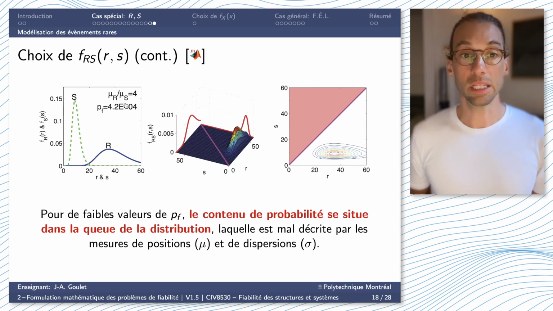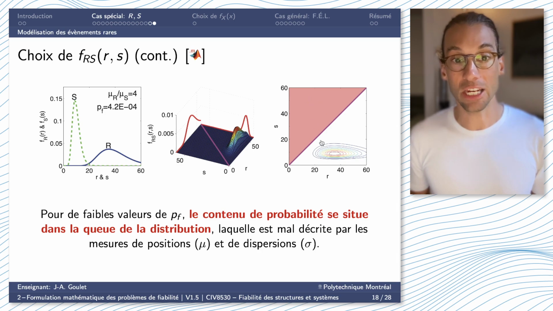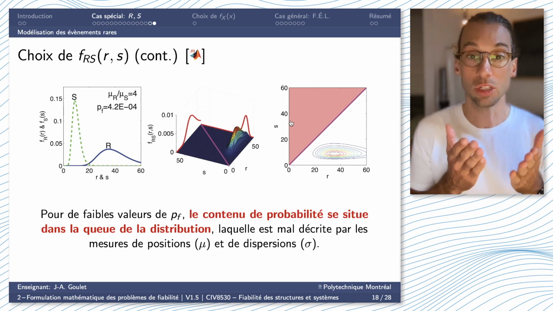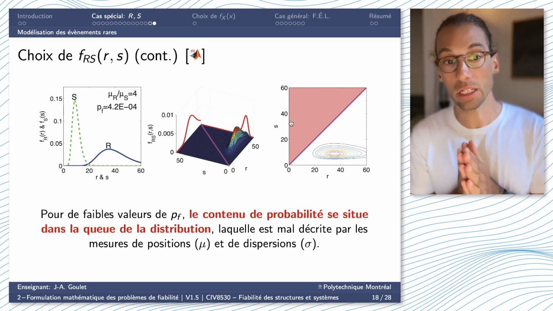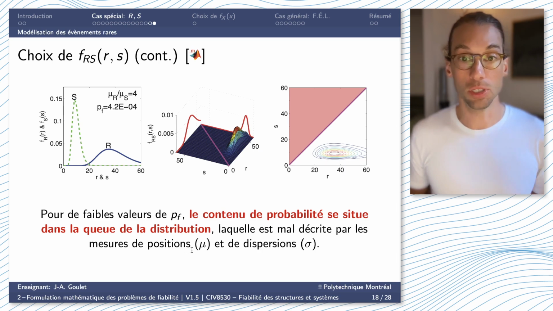And typically we're going to be in the order of 5e to the minus 4 in terms of probability of failure. In such a case, we can see that the failure domain is really only happening in the tail of the distribution. And the tail of a distribution is very poorly described by the position measures, such as the mean, and the dispersion measures, such as sigma.